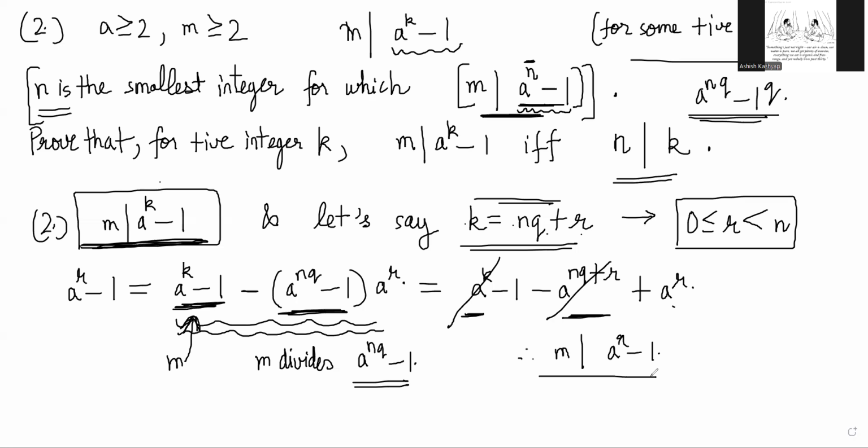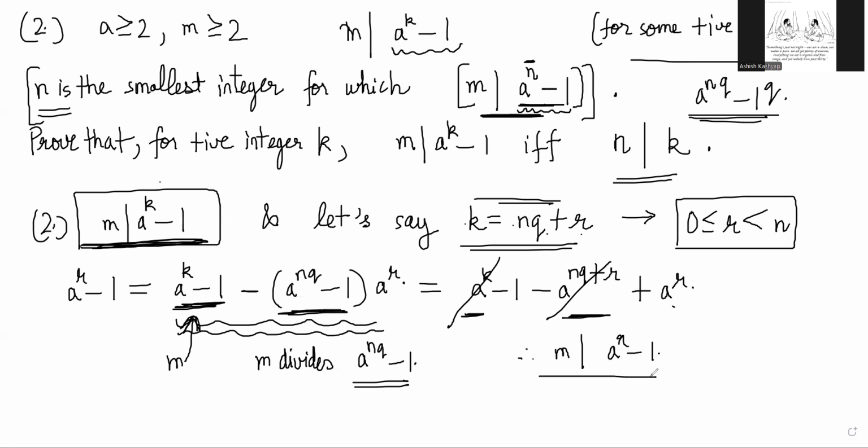So a power r minus 1 is divisible by m. What does that mean for us?